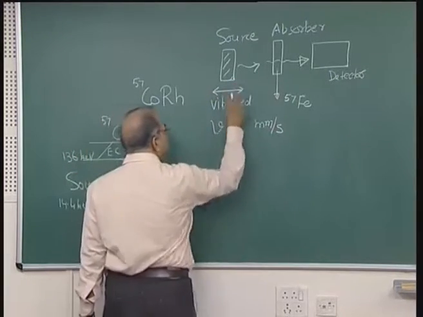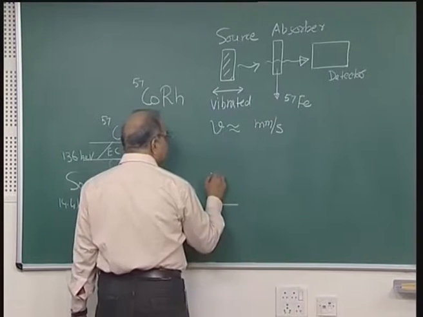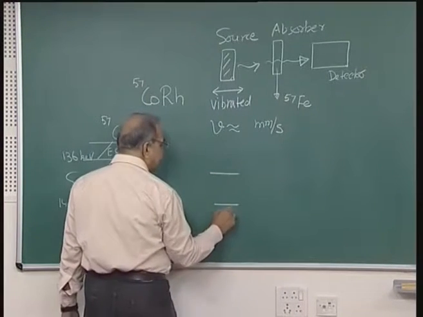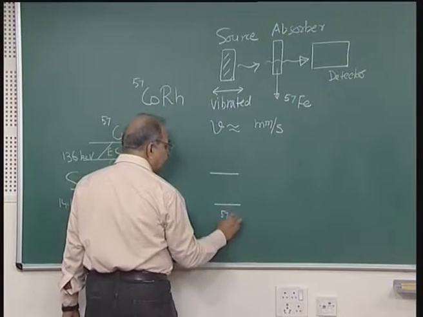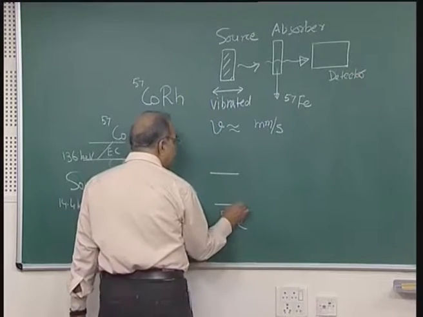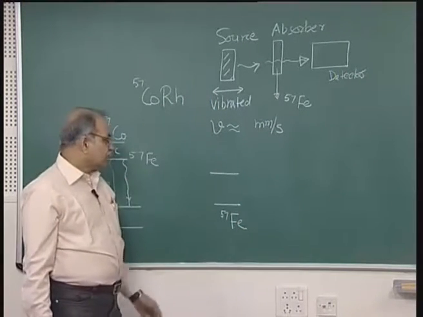First, the source has energy levels. This is iron 57 energy levels I am drawing: iron 57 energy levels, ground and 14.4 keV. I am not doing the rest.